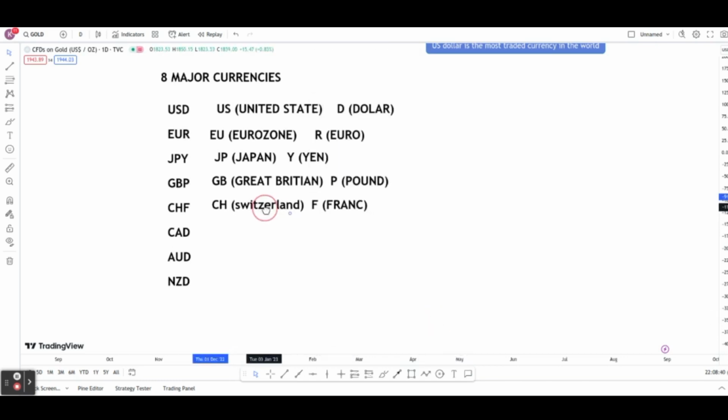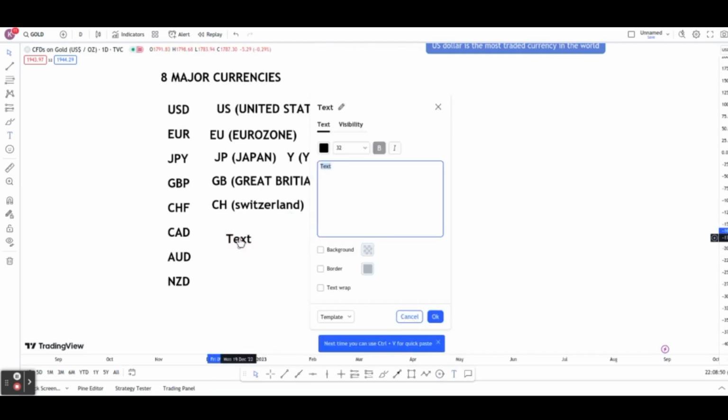So the CAD is the Canadian dollar. The CA stands for Canada, and the D there stands for dollar.